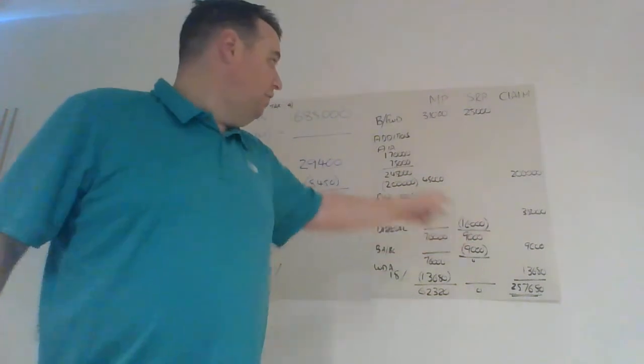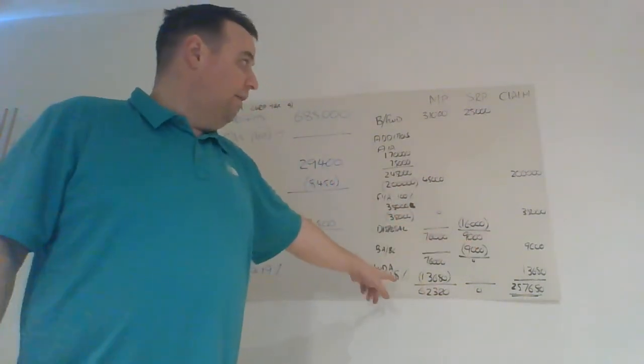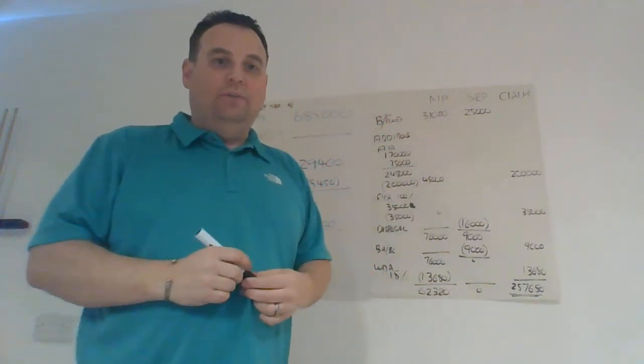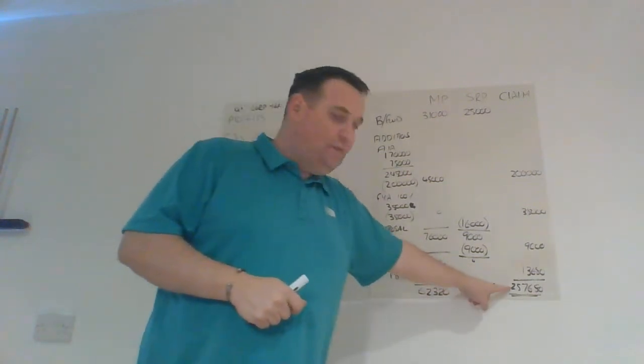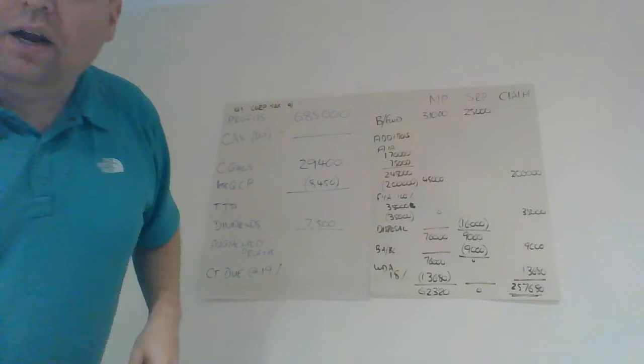We've dealt with all of the additions, we've dealt with the disposals, the balancing allowance, the writing down allowance. We have now completed our capital allowance calculation. What this means is this figure is the figure that we are now going to put in our main calculation.